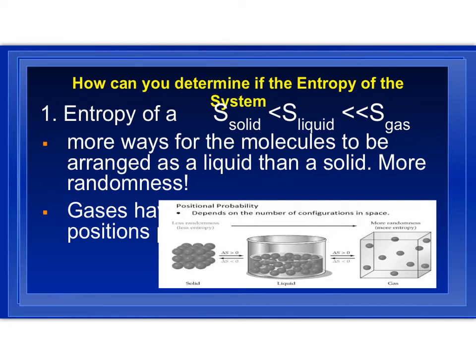There are several ways for you to determine the entropy of the system. The first would be to look at the physical states of matter, solids, liquids, and gases. When you have more ways for the molecules to be arranged, you will have a greater disorder or a higher entropy. So solids that are closely packed together, as seen in the picture, have very little disorder, and they are considered very ordered.